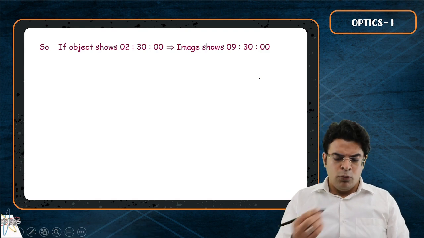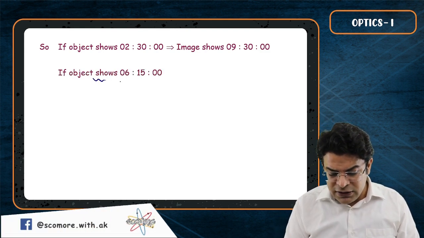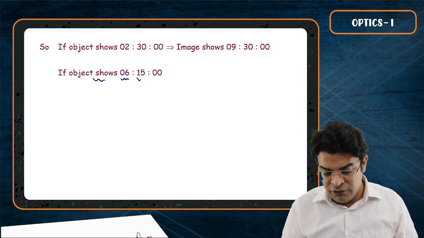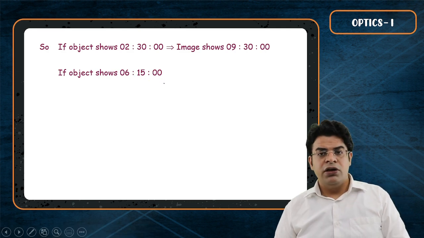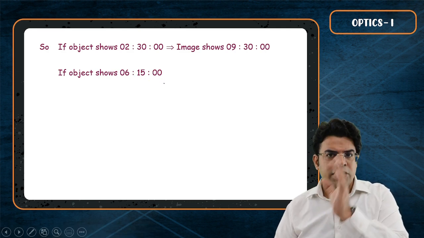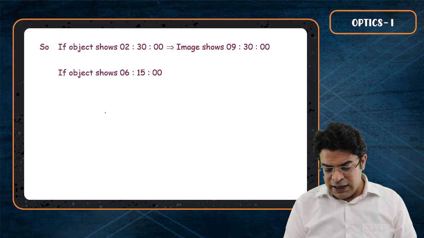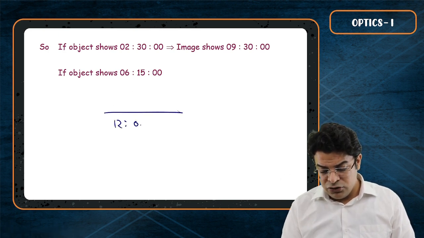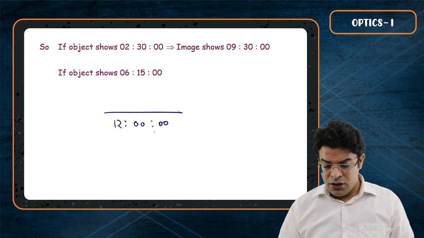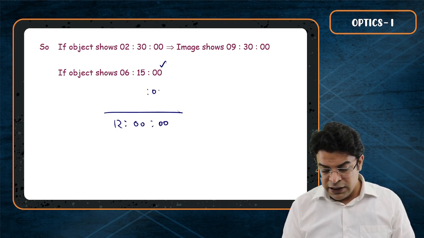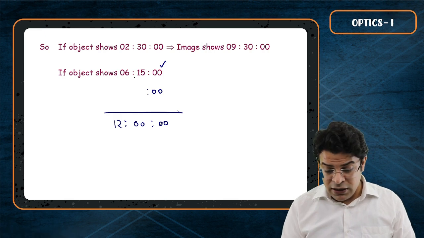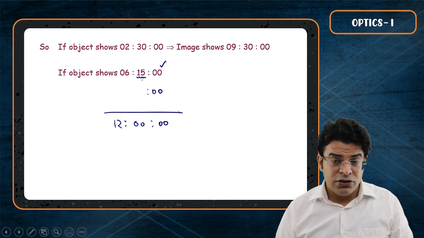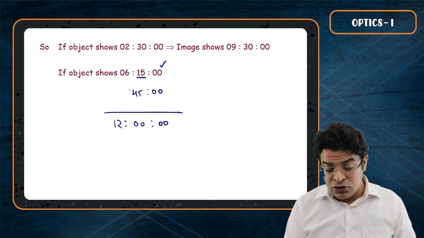Let's take one more example. If the object clock shows 6 hour 15 minutes 00 second, then what will be the time on the image clock? So you know that adding something to this 6:15:00, I should get 12:00:00. There are no seconds here, so no seconds required in the image. There are 15 minutes here, so there has to be 45 minutes on the image.